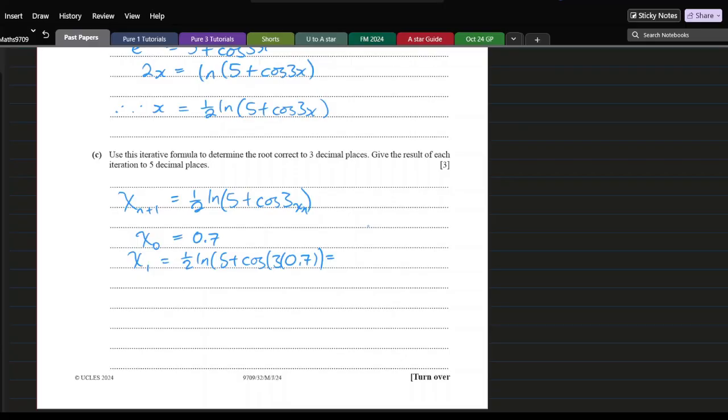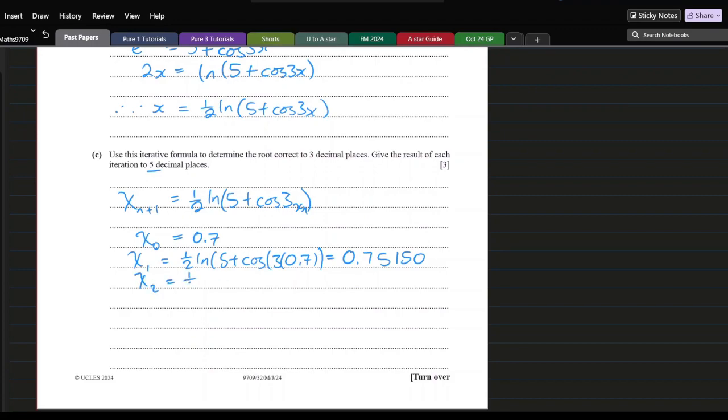That gives us 0.75. We want the result of each iteration to 5 decimal places, so that would be 0.75000. Okay, and then we go on to the second iteration.